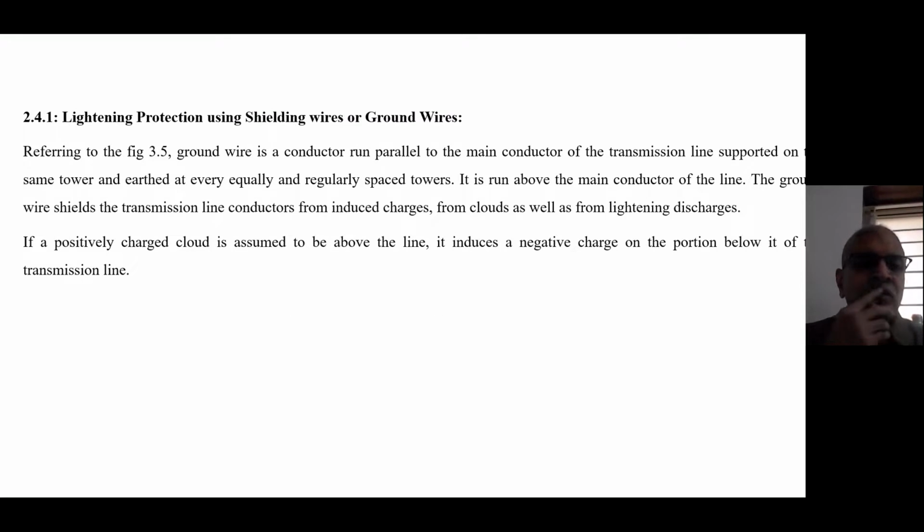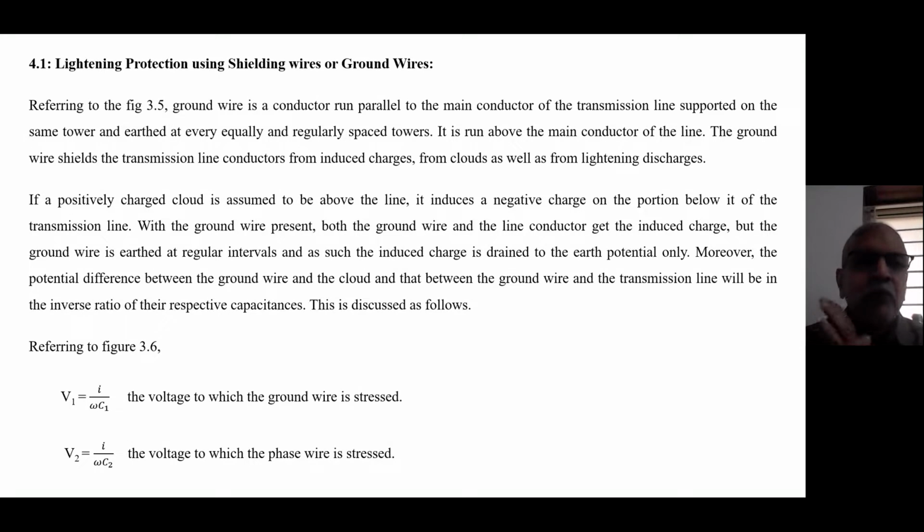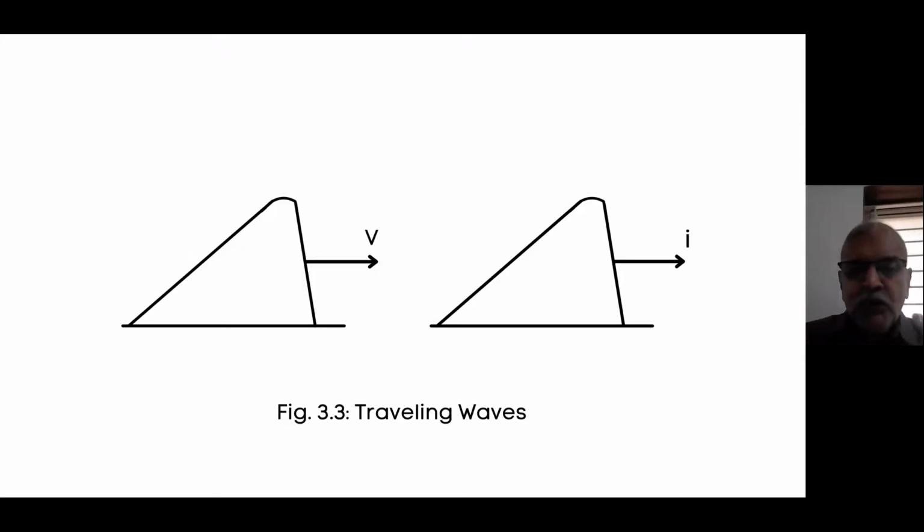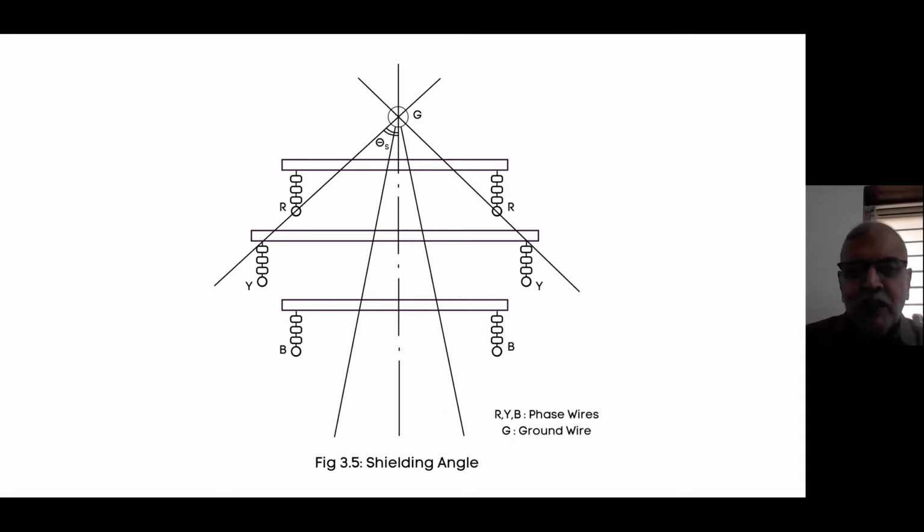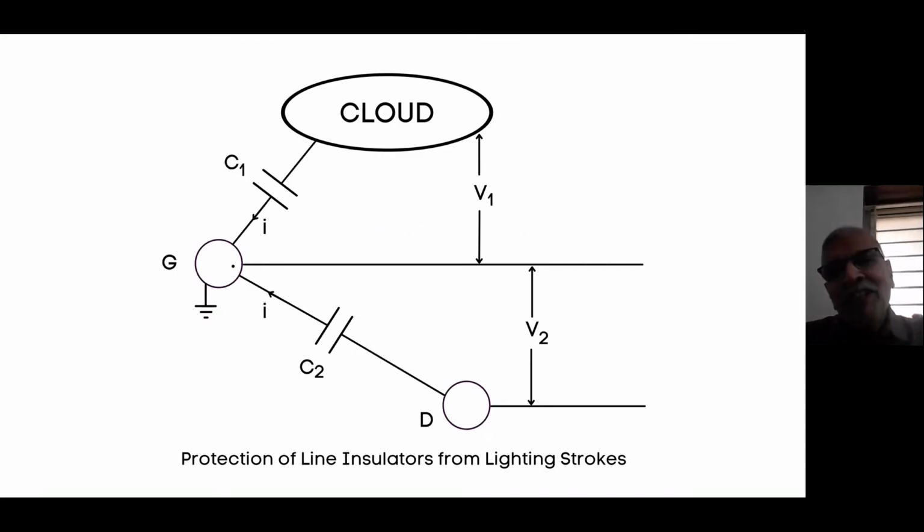Now if we refer to figure 3.5, how do we protect the line insulators against lightning stroke? This is the figure. The cloud is there. Obviously, between the cloud and the ground, the distance is large, and there is air.